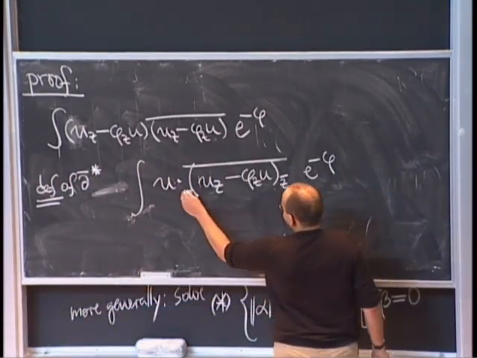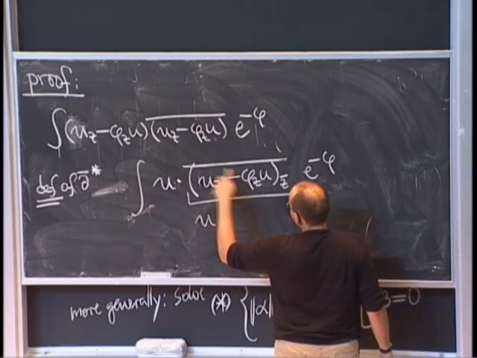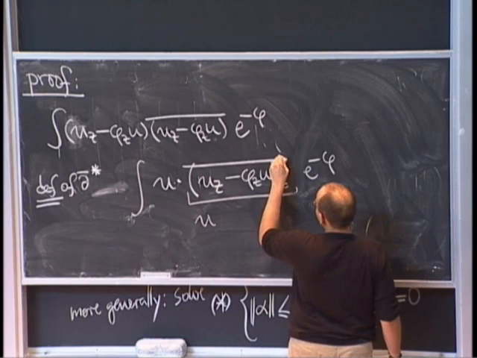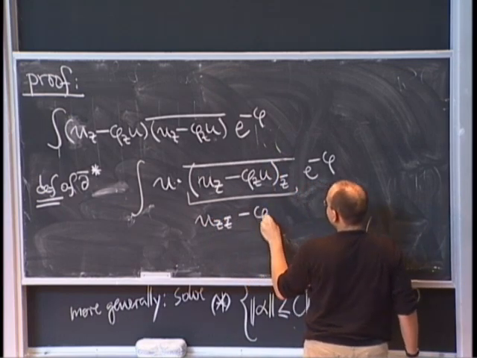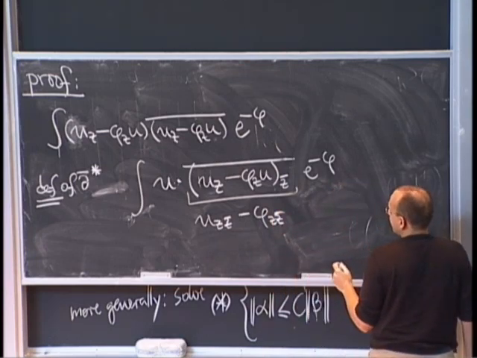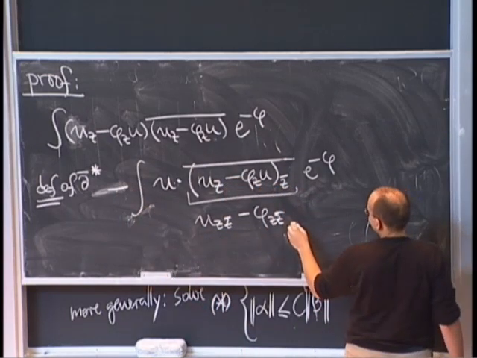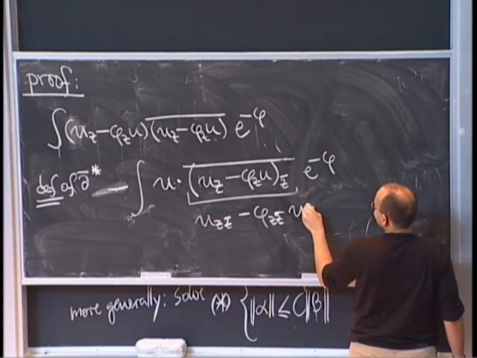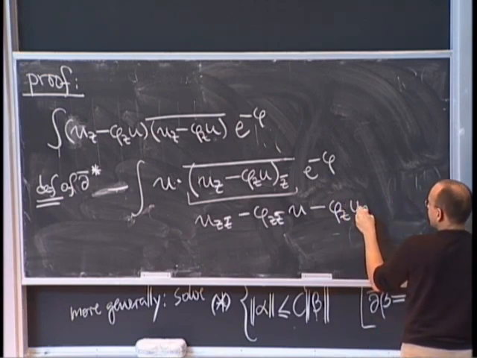So then I work this out. What is this? Under the complex conjugate sign, it's going to be uz z bar minus phi z z bar u. There really is a minus sign in front of this, minus phi z uz bar.